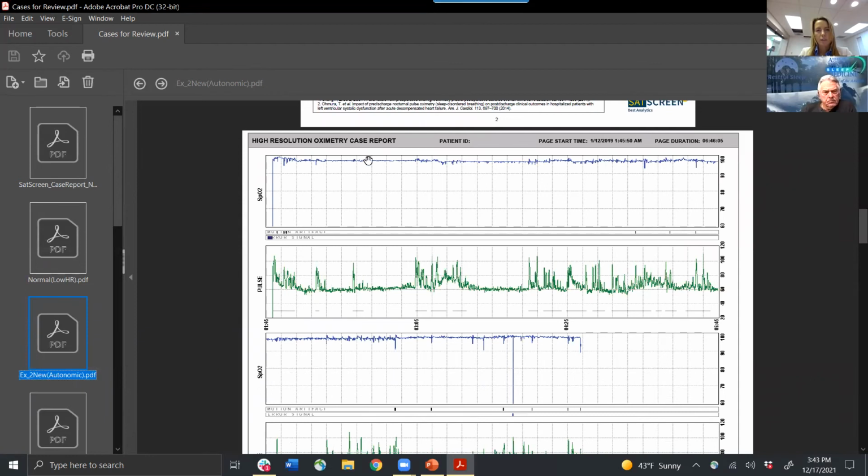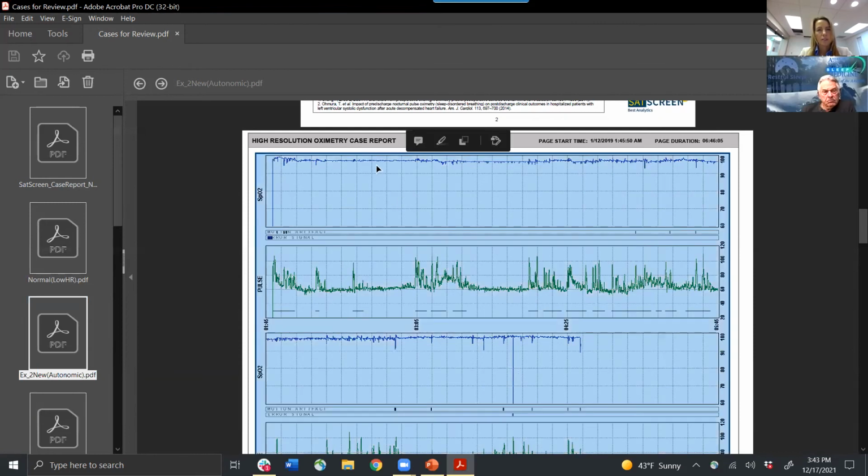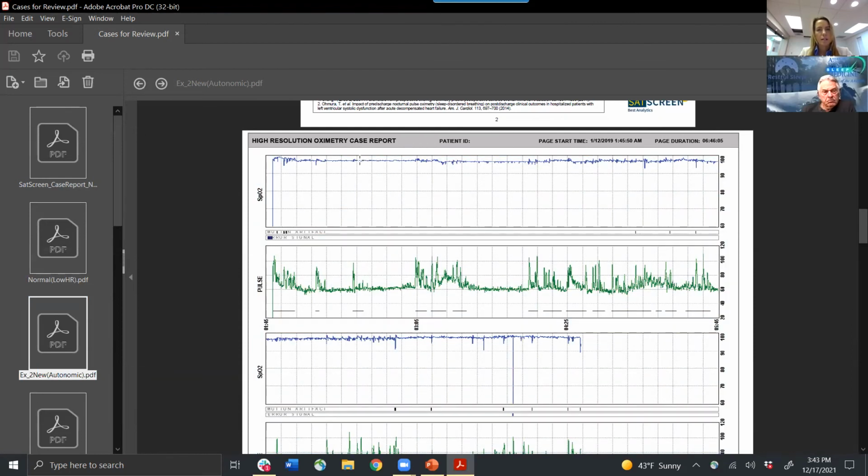And when it's relatively stable, so for example, in this area right here, we see in their heart rate channel that it's relatively stable in both the pulse and the heart rate. Once we start to see some activity in the SpO2 channel, we do see a lot of activity in that pulse channel. So that can be, it's not always, but can be an indication of upper airway resistance syndrome.